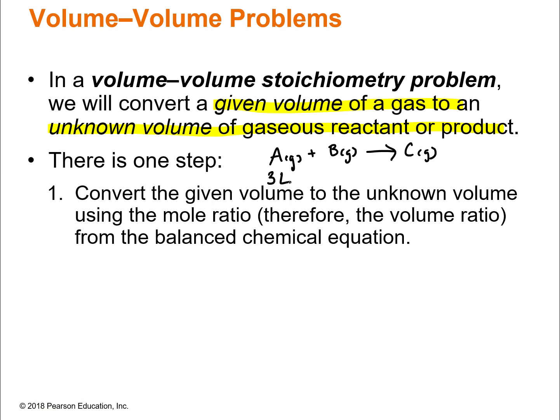Let's say you're starting with 3 liters of A. Just an example. All you need to do is write out the volume, which is pretty much like the mole ratio, but it's the volume ratio.